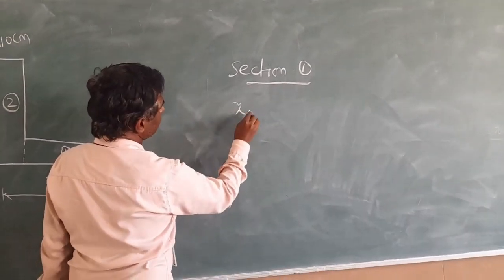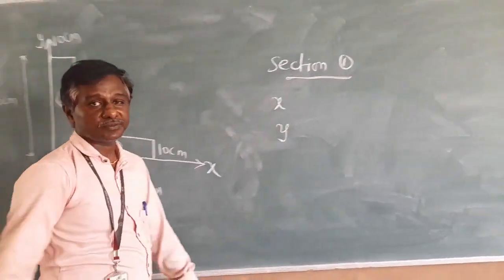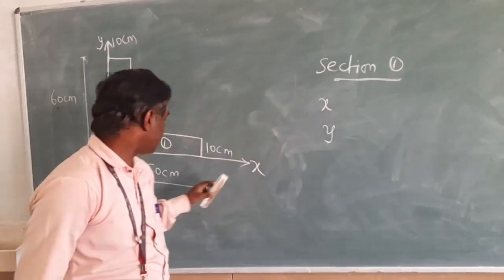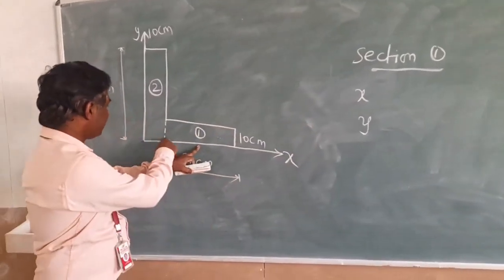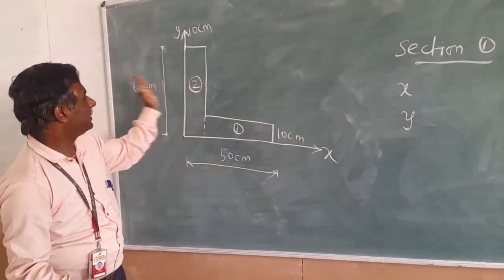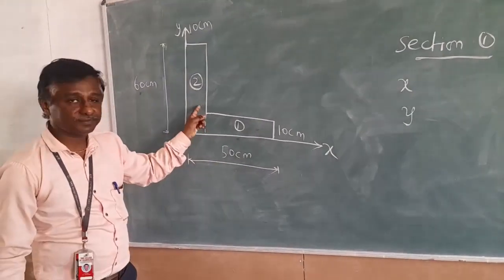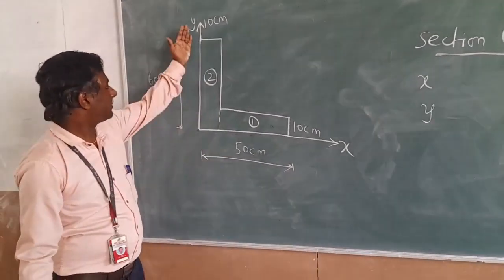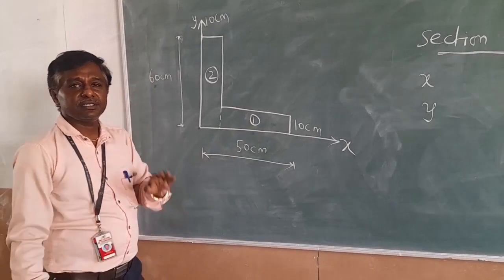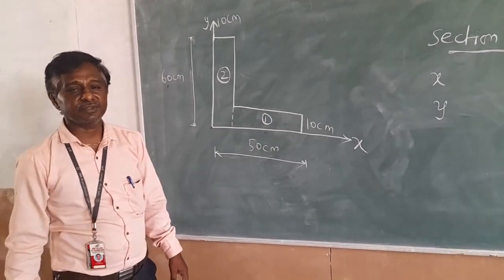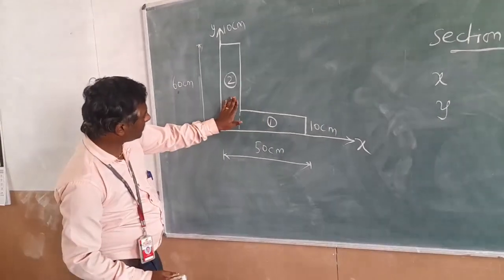What is x, what is y? Consider this rectangle alone and neglect the second rectangle. From the reference axis, what would be the centroid? That is the question.